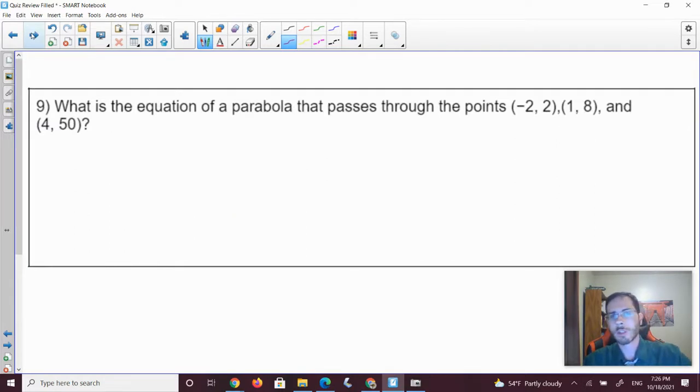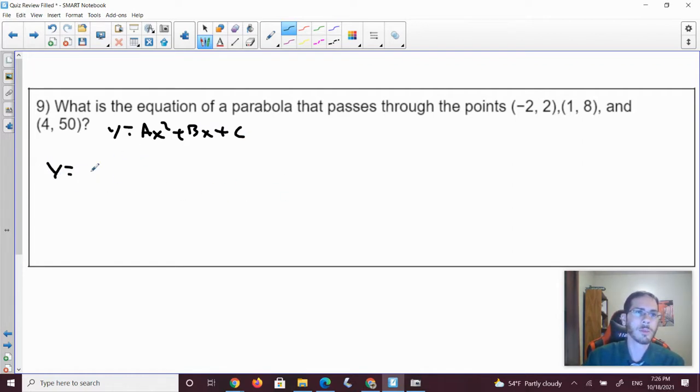So number 9, what's the equation of the parabola? It passes through these 3 points. Again, tons of ways you can do this one. So we saw in class that you could do a system of equations. So using y equals ax squared plus bx plus c, we can plug in for y because we know y.